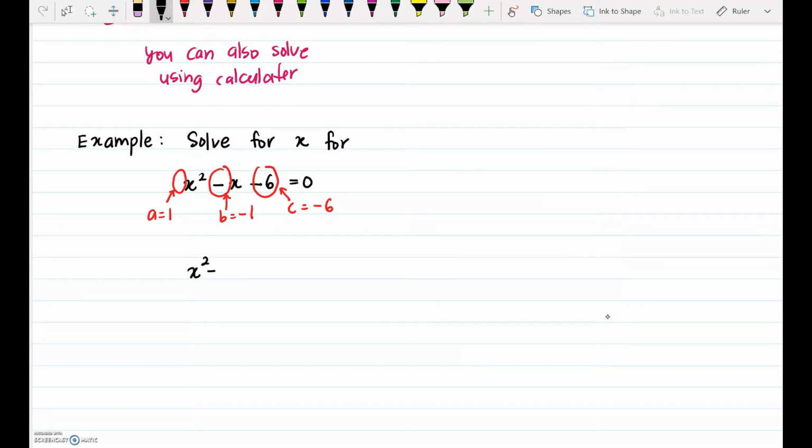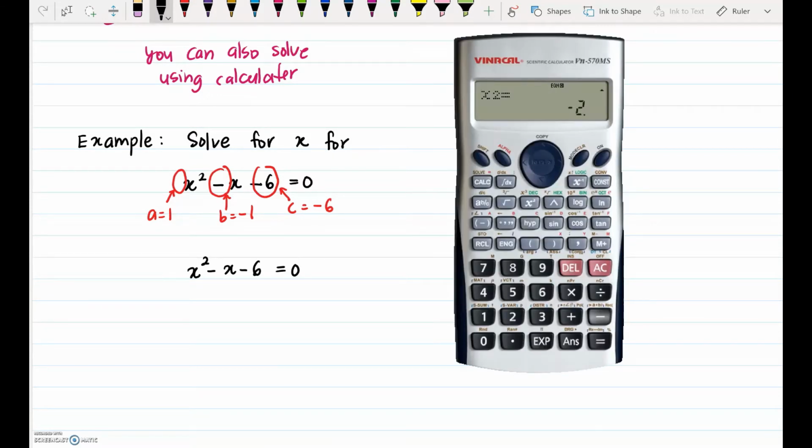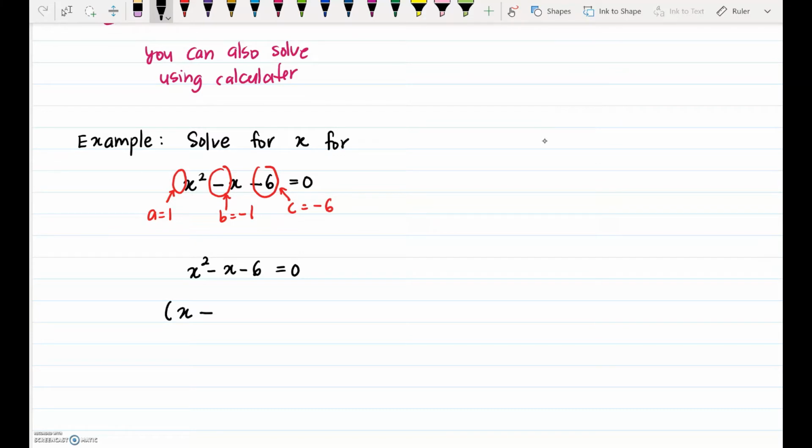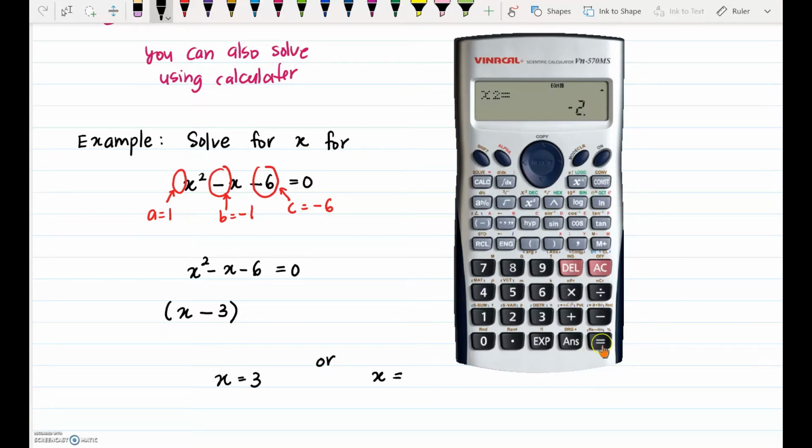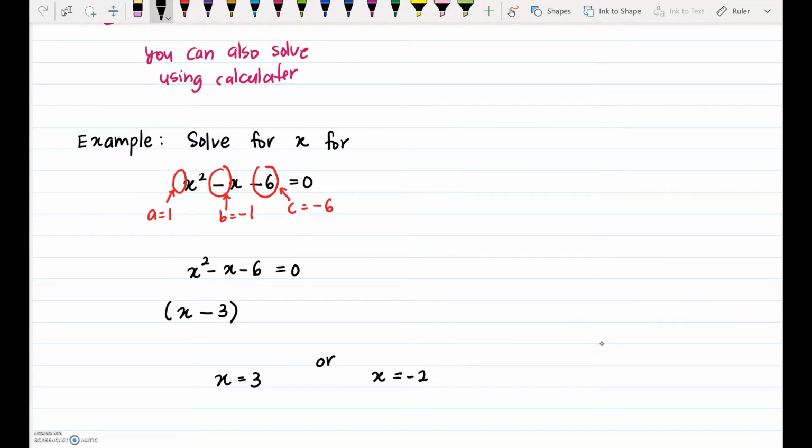Kalau kita ada x squared minus x minus 6 equals to 0, kalau jawapan dia x1 sama dengan 3, jadi kita akan ada kat sini x tolak 3. Dan satu lagi x sama dengan negative 2. So dia akan dapat x tolak 3 dengan x tambah 2 equals to 0.